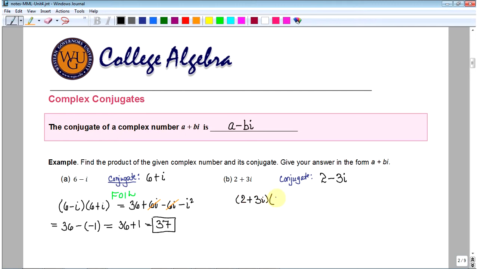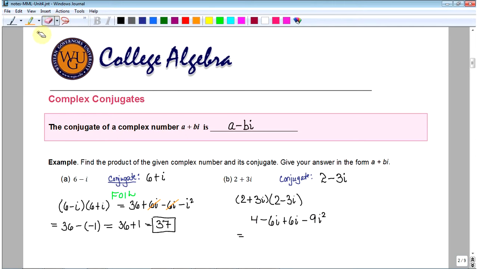2 plus 3i times 2 minus 3i will equal, using FOIL or the distributive property, 2 times 2 is 4. Outer times outer is a minus 6i. Inner times inner is a plus 6i. And last times last is negative 9i squared.